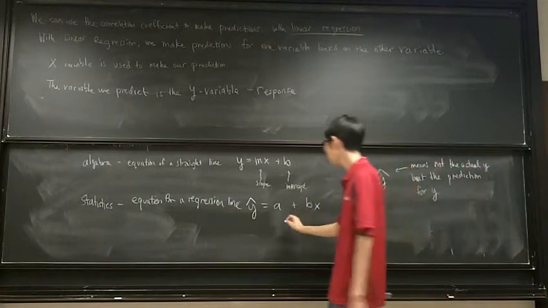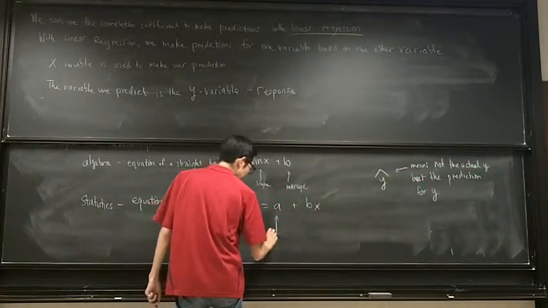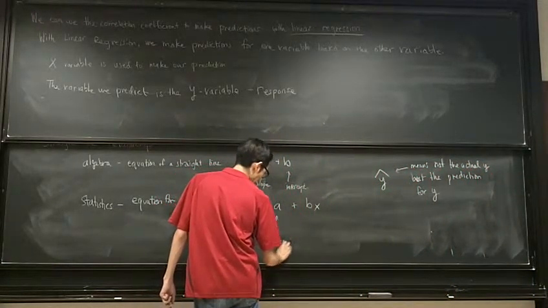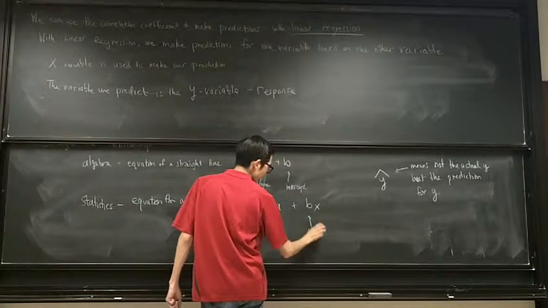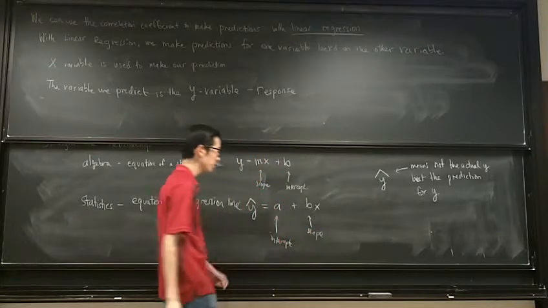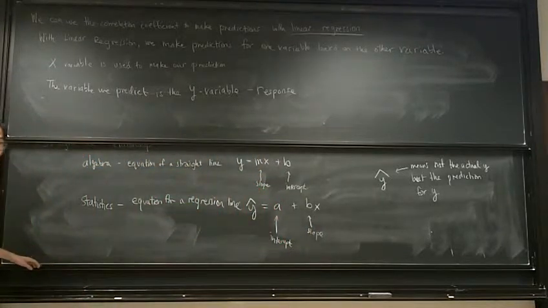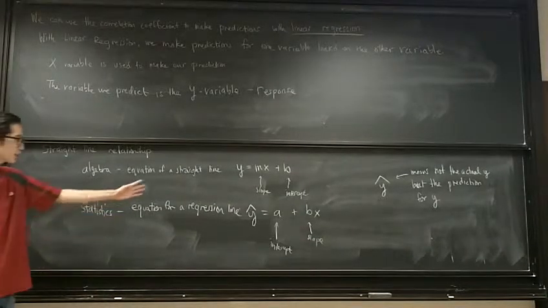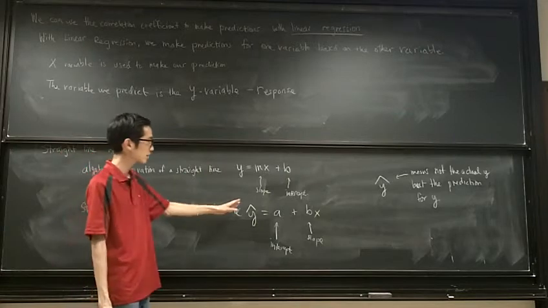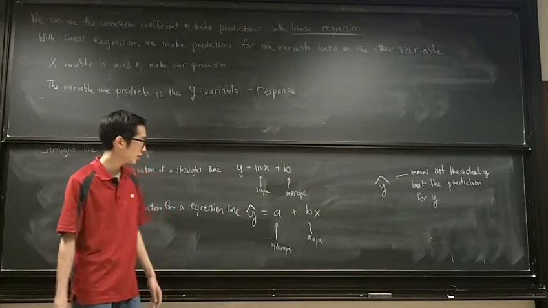And we've moved the intercept over here, so the intercept is now a, and the slope is called b. Okay, so I didn't make these choices, but this is how it's done in statistics. So the equation for a regression line in statistics is y hat equals a plus bx.